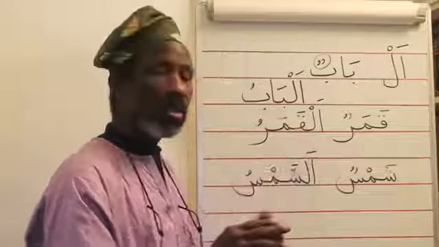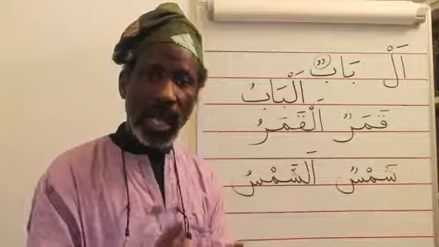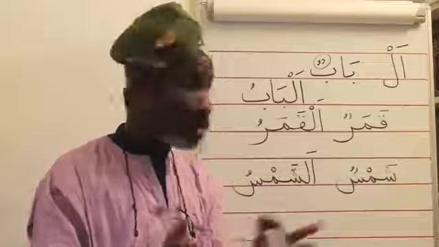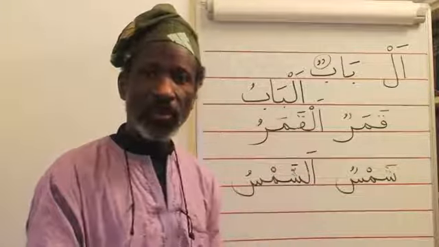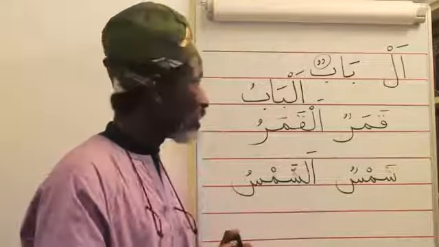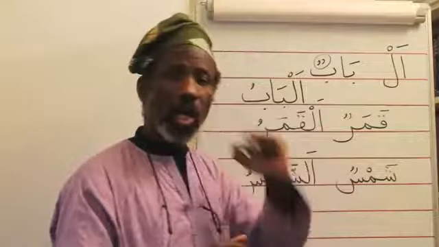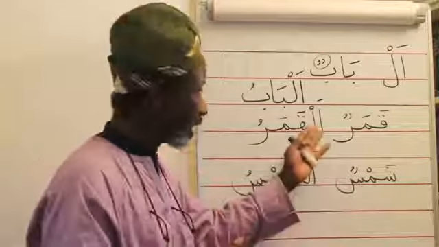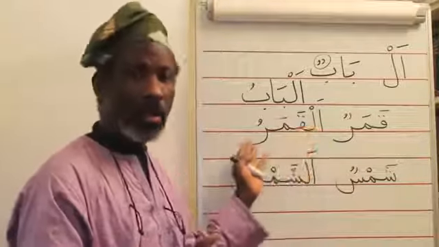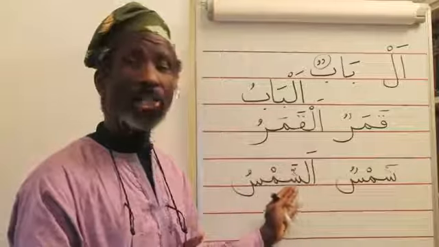Whereas here, the moon letters, when they come after the al, will not be carrying any shadda. So there is no reason why the sukoon on lam should not stay. Hence you hear it clearly, al-qamar. But here, ash-shams.